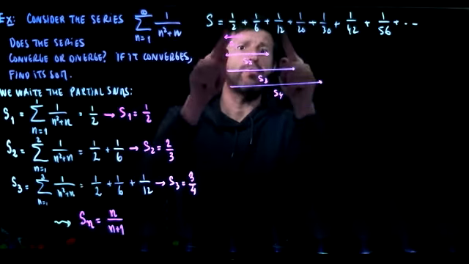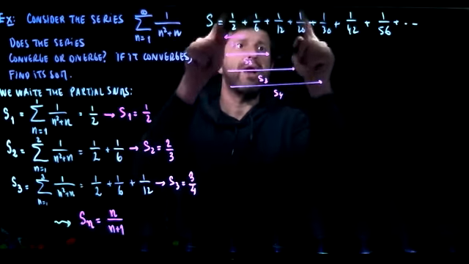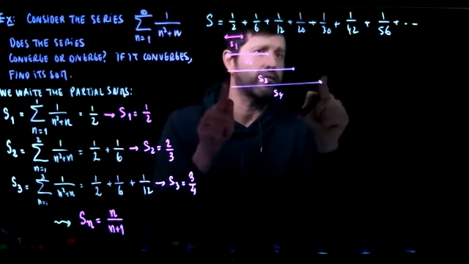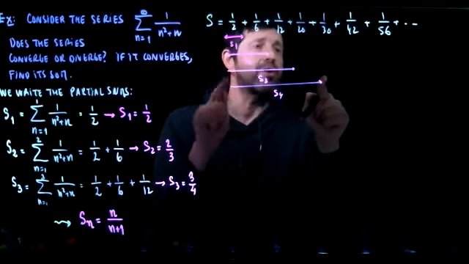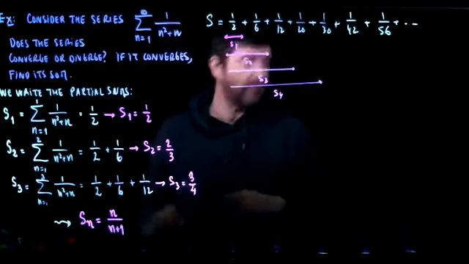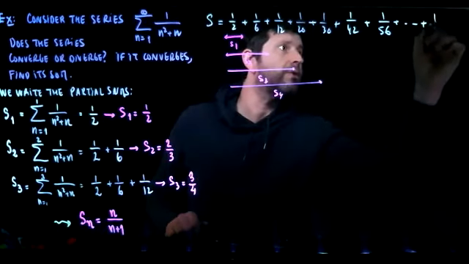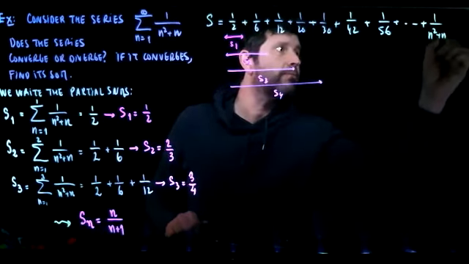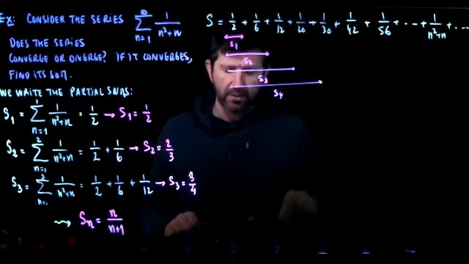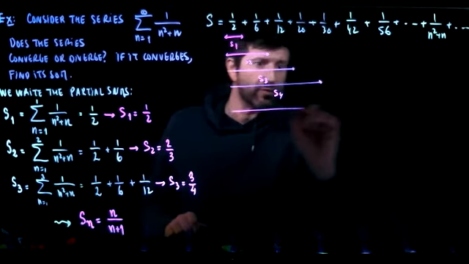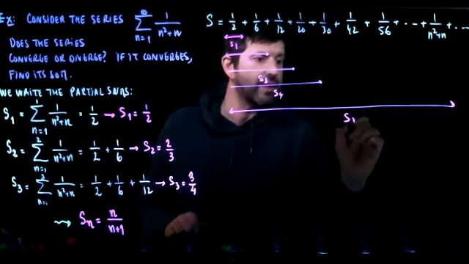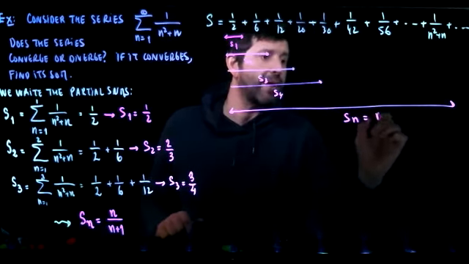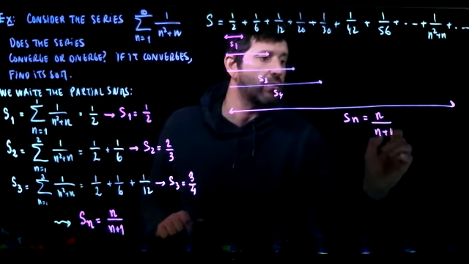The first three, if you add them, you get 3/4. If you add the first four, you get 4/5. So if you add the first n terms, all the way until the nth term, you will get Sn, and apparently the pattern is that it's always equal to n over n plus 1.